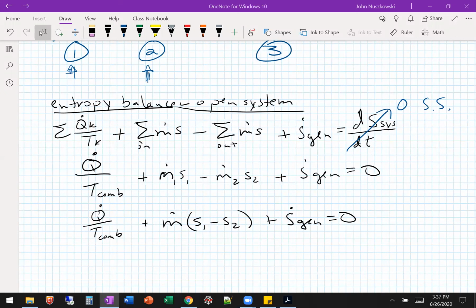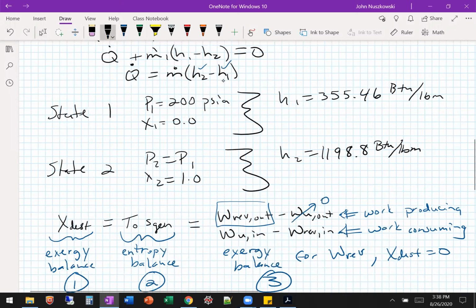We can get the entropy values from the tables. Entropy. So we can get S1 and S2, right? So we go back up, state's fixed.